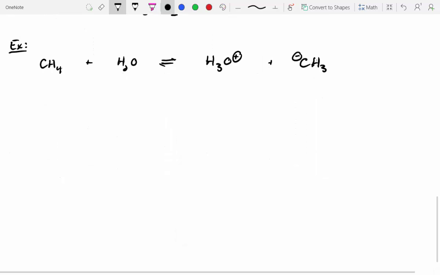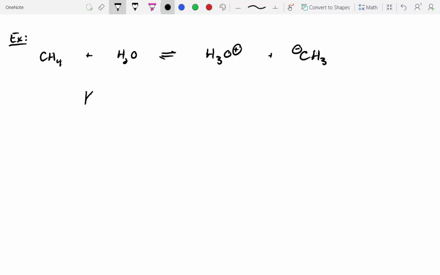We'll calculate our Ka. We know that our Ka is going to be equal to our concentration of CH3- times our concentration of H3O+ over our concentration of CH4, our methane.